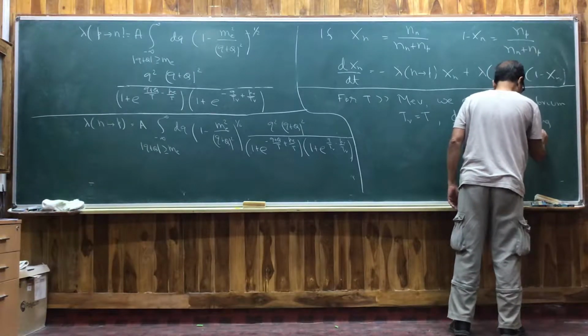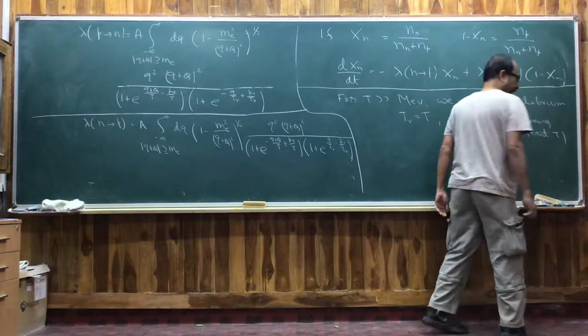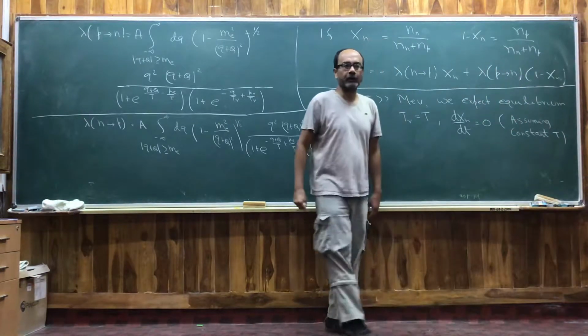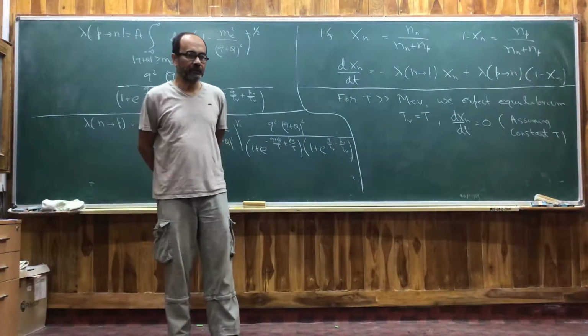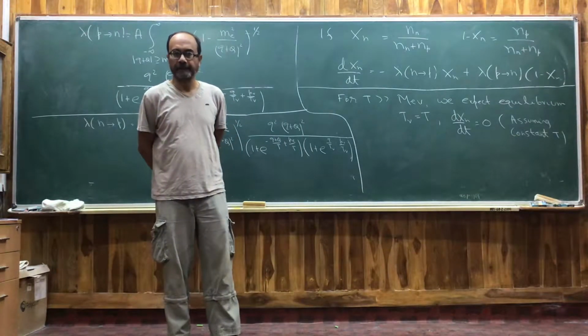So let's ignore the expansion of the universe. Assume that we have a gas of neutrons and protons with constant T, forgetting about the expansion for now.